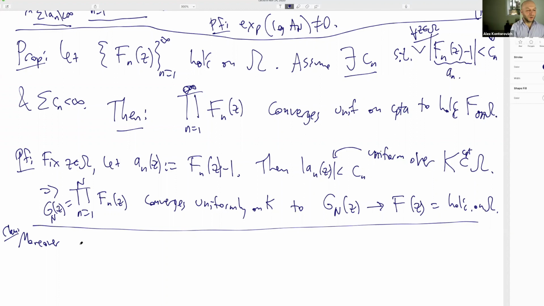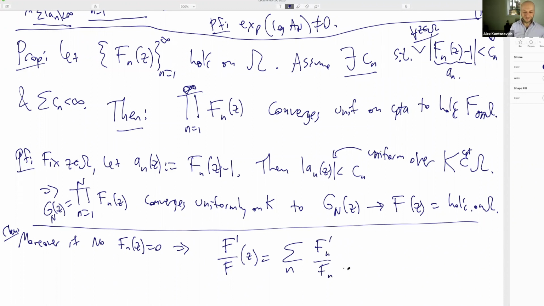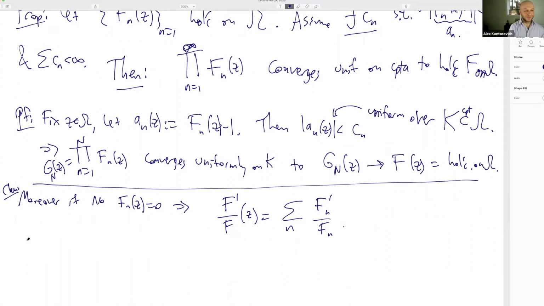So claim: moreover, if no fn of z equals 0, then the logarithmic derivative of this limiting function, remember f prime over f is this logarithmic derivative, is obtained by the series of logarithmic derivatives. Let's see why that's true.